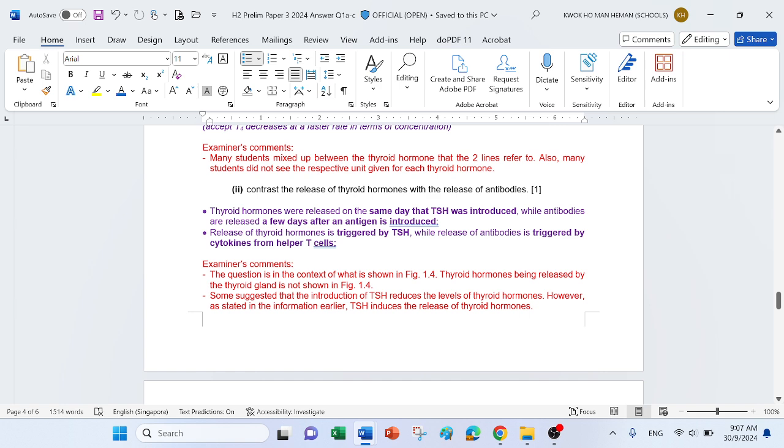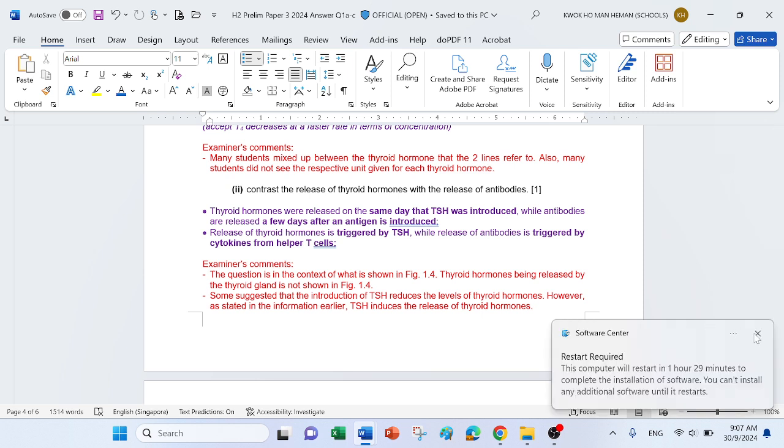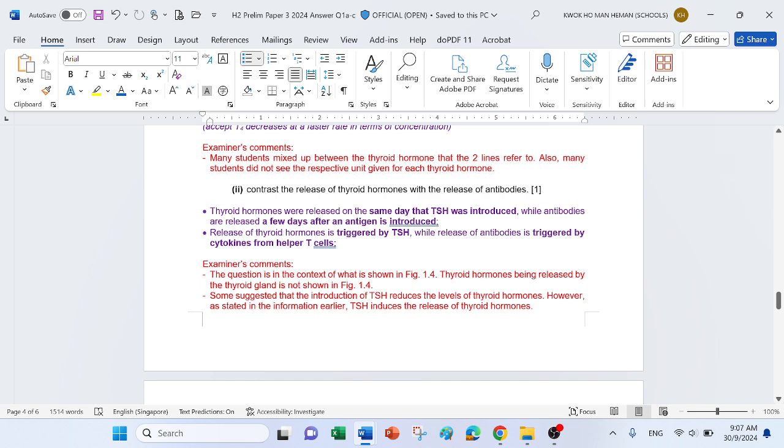So here we are talking about a chemical, a molecule that triggers the release of your thyroid hormones versus antibodies. Some of you talk about triggered by TSH versus for antibodies, you talk about the cells that release the antibodies, plasma cells.